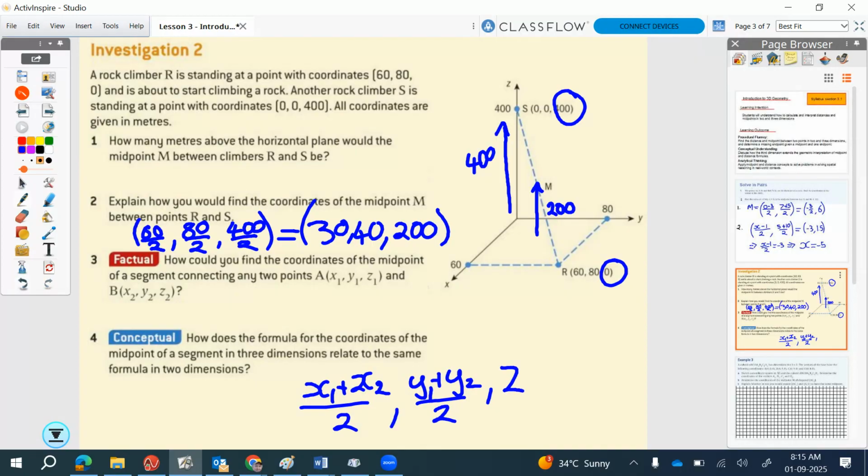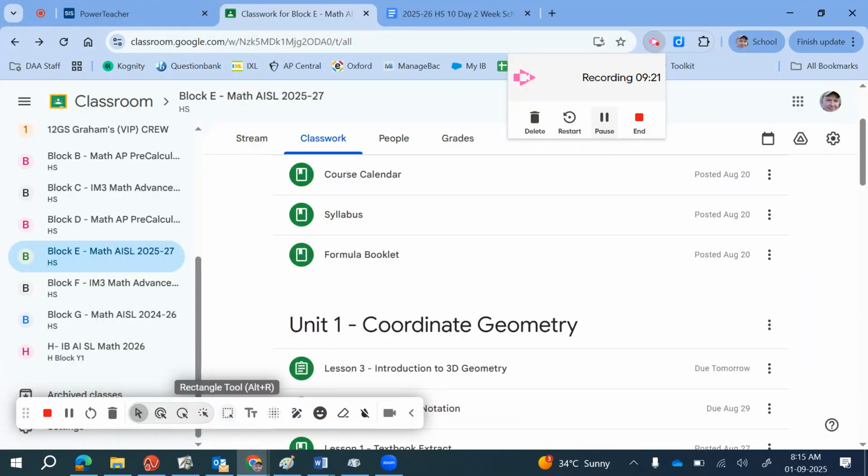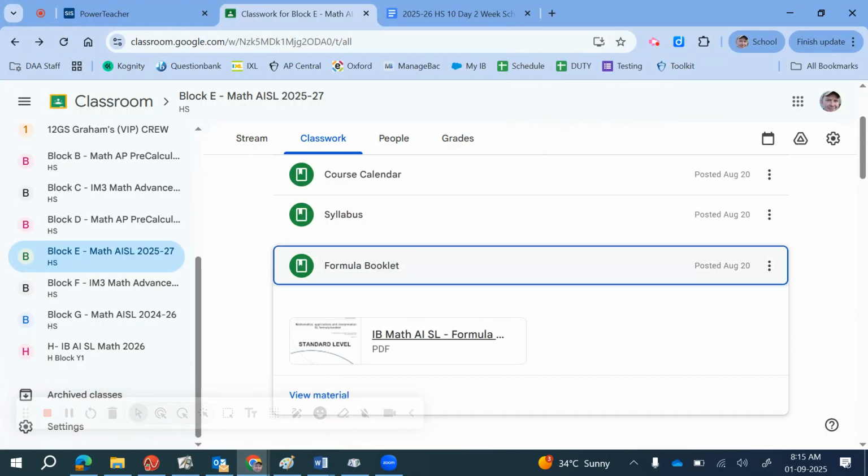So we use z1 plus z2 over 2, and we get our 3 coordinates. So we have our x-axis is the one coming out of the page, the y-axis goes across, and the z-axis goes vertically, creating a 3-dimensional space. And we can see this relates to the formula that we just used for the midpoint in 2 dimensions by adding an extra dimension.